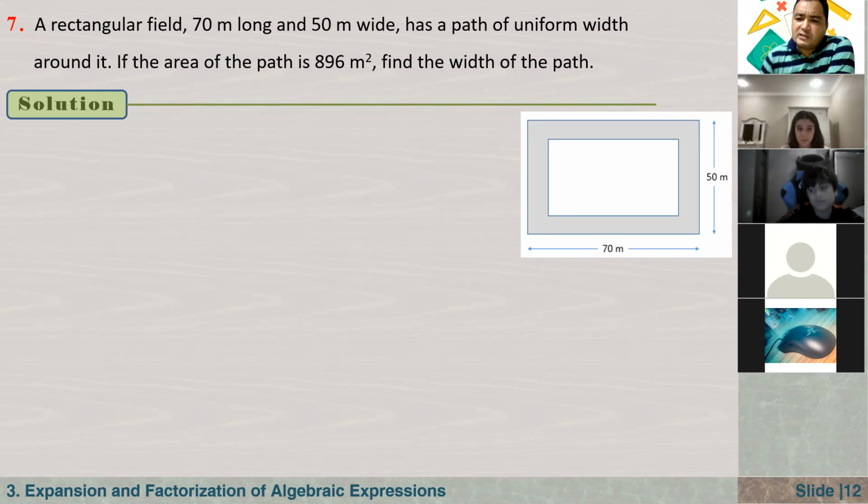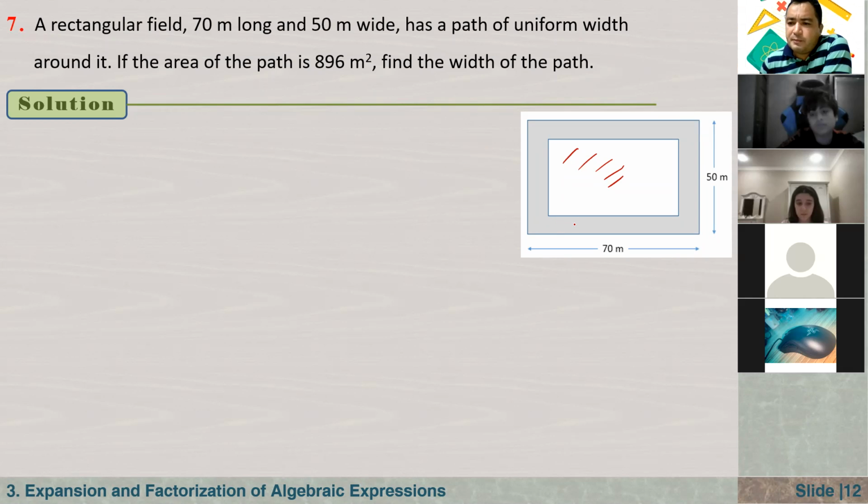Suppose this area is our swimming pool, right? Usually around the swimming pool they make a small path of uniform width, so people can walk around it. Do we know the width of the path? We don't. The question says it is uniform, the same everywhere. Suppose the path is X meters.